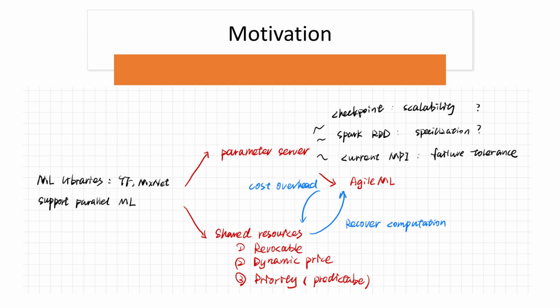So it is more likely that we need to recover our data as these transient machines are revoked. But if we have more reliable machines, we do not need too much parameter backup or communication.